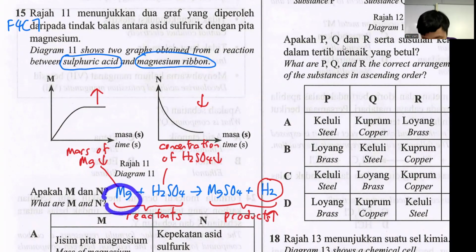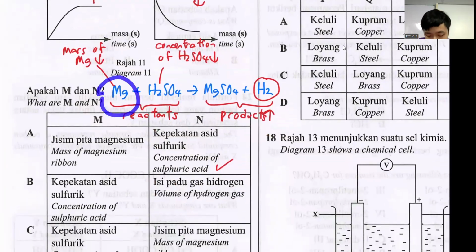Same thing: magnesium added into acid, magnesium disappears. So normally these two decrease, getting lesser and lesser. Doesn't matter whether it is mass of magnesium or concentration of H2SO4. Both will decrease because they react to each other to form a new product.